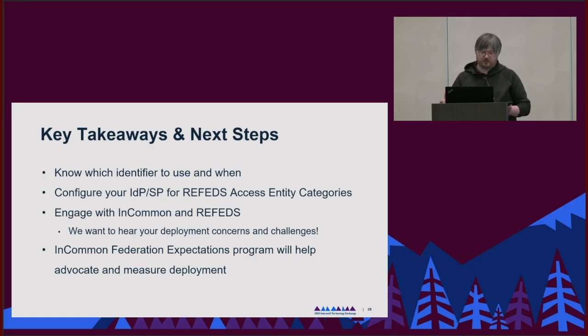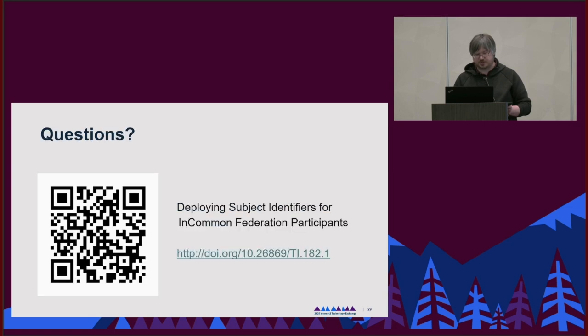So that program will hopefully help provide the structure necessary to get those work streams sequenced. And now we have time for questions. The actual guidance is available at the link, and the QR code will take you to the same link.